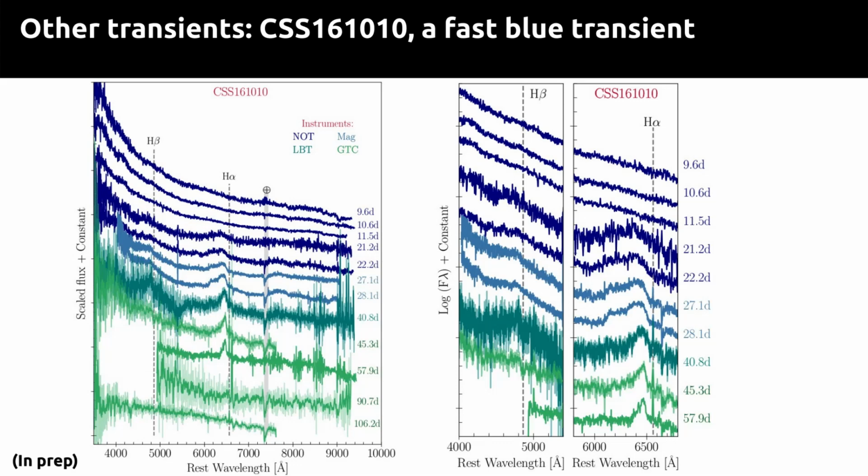So now we are working on the modeling, trying to identify what kind of object can produce this, because it's very complicated to have this kind of broad profile and always blueshifted. But a paper was published on the same object in 2019 with X-ray and radio data, and they have some scenarios, a TDE with an intermediate mass black hole, but they don't reject the idea of a stellar explosion.